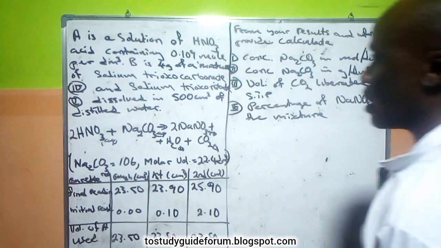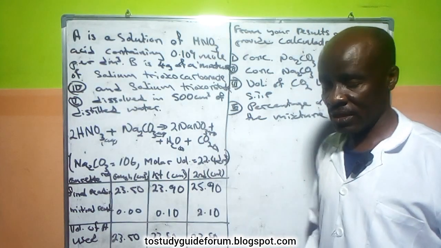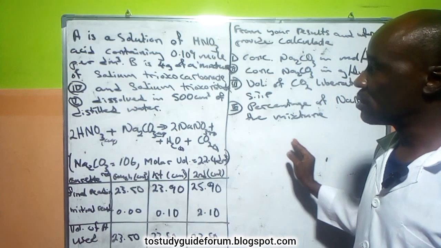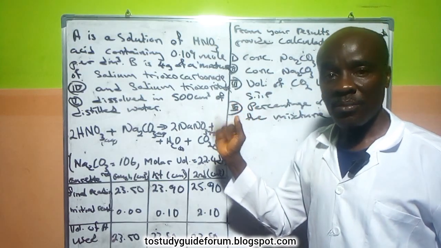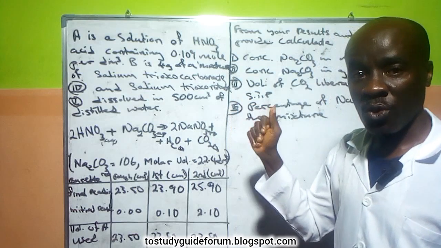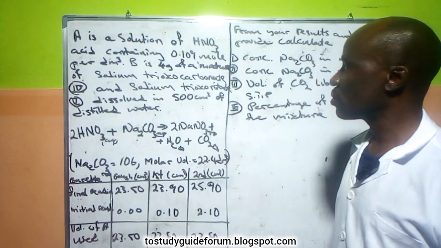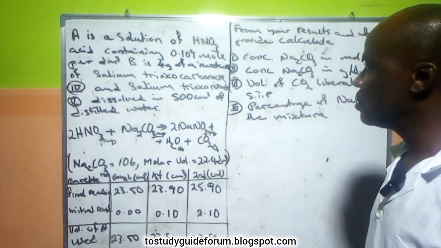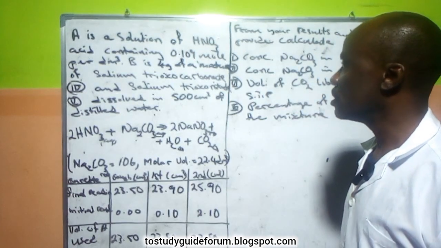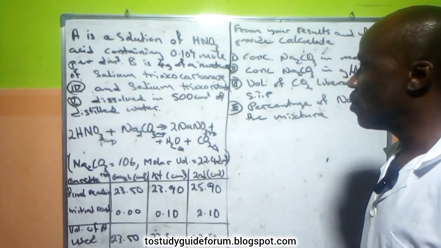Today we are going to be looking at the titration part of the exam we have at hand, and in this question what we have is the mixture of two compounds. Let's just read through what we have. Say that there is a solution of trioxonitrate 5 acid containing 0.109 mole per dm cube.